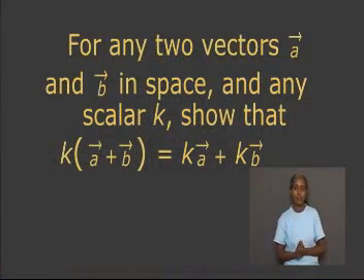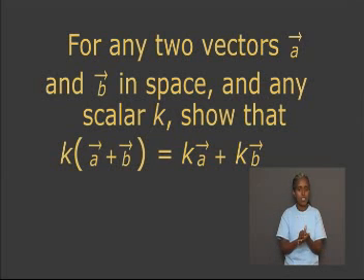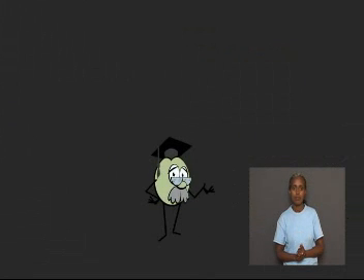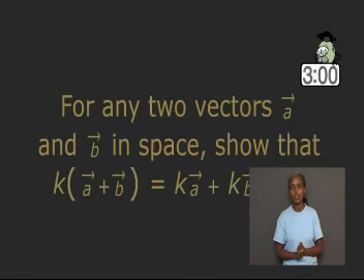It is time for another activity, students. I would like you to work through this concept for yourselves. Please prove that if we multiply the sum of any two vectors in space by any scalar, the product will be the sum of each of the vectors times the scalar. Please go ahead. Students, let's get ready. Begin.